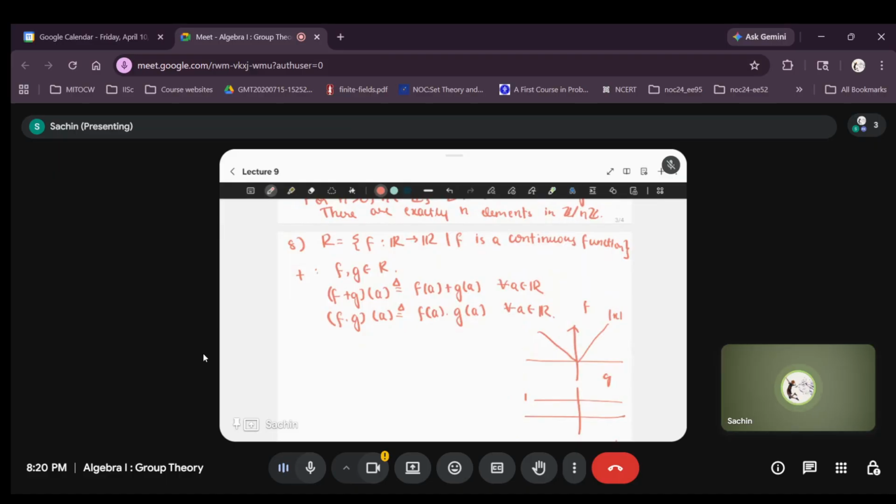But by the sum rule, the limit of f of x plus g of x is equal to the limit of f of x plus the limit of g of x. And the limit of f of x is simply f of a, because f is continuous, whether it is a plus or a minus. Similarly, the limit of g of x is g of a.